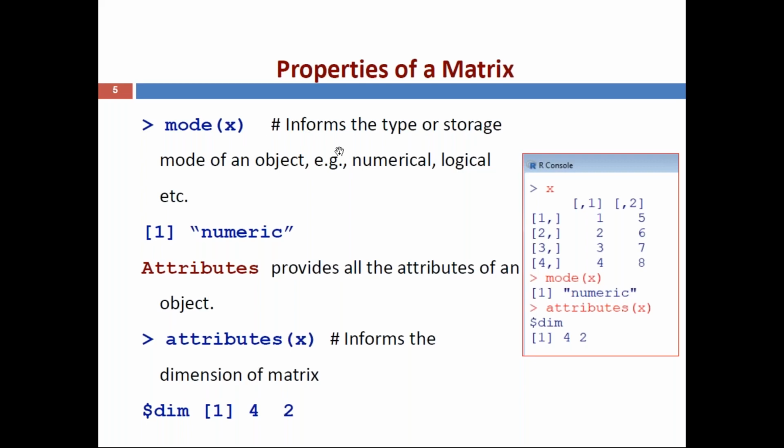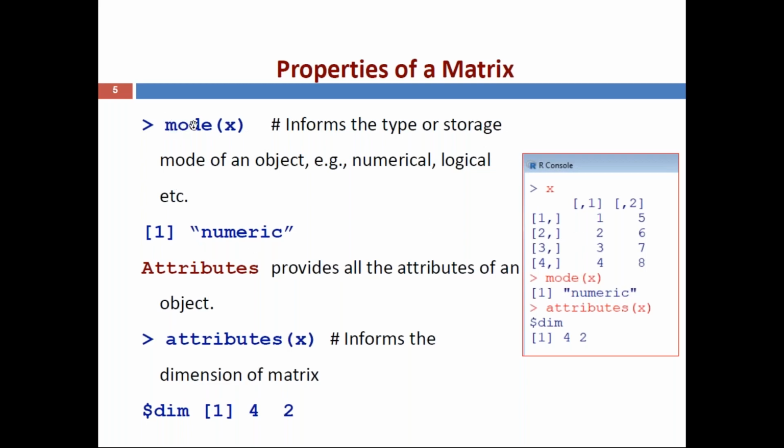Based on those values, to find the type of the matrix we use the function mode of the matrix name, which informs the type or storage mode of an object. For example, the possibilities are numeric or logical, etc. For example, our previously created matrix contains the elements 1 to 8, all of which are numerical values.